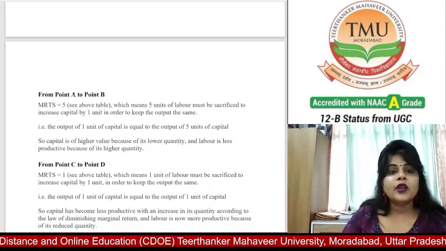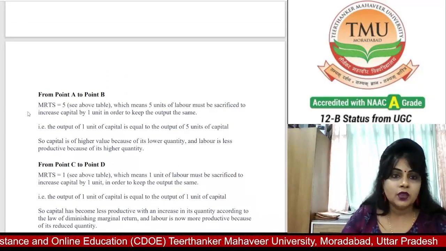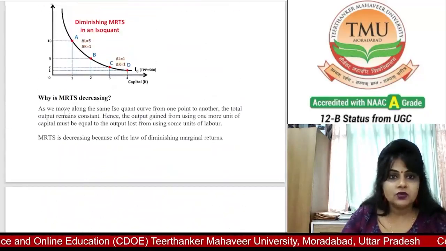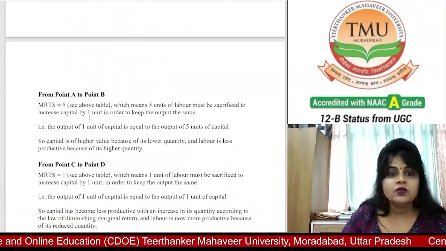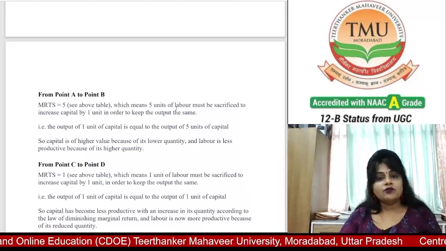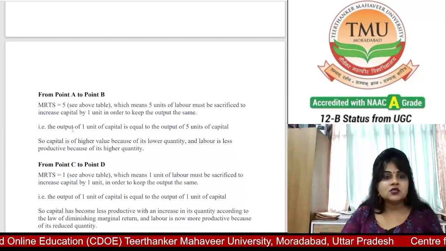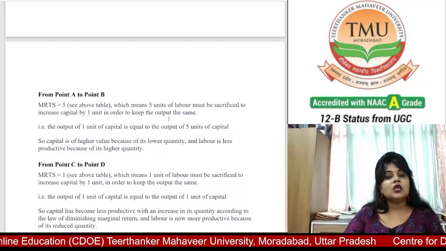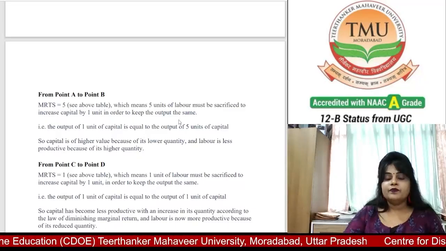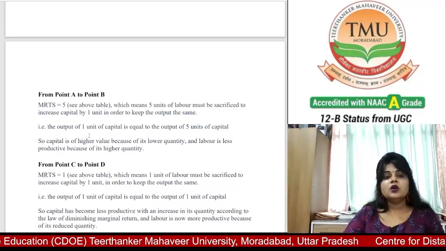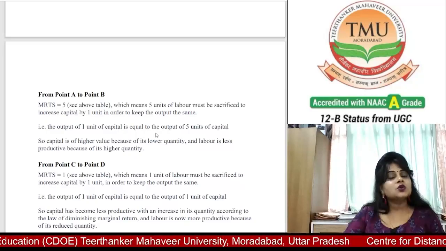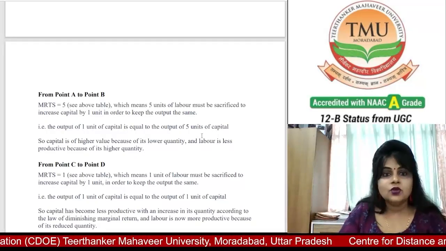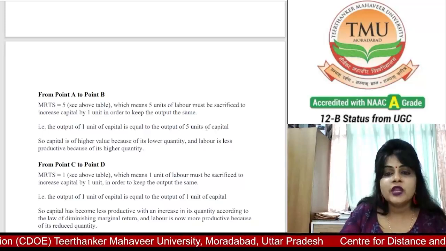Now, from point A to point B, the marginal rate of technical substitution is 5. You see here 5, which means 5 units of labor must be sacrificed to increase capital by 1 unit in order to keep the output the same. Next, the output of 1 unit of capital is equal to the output of 5 units of labor.